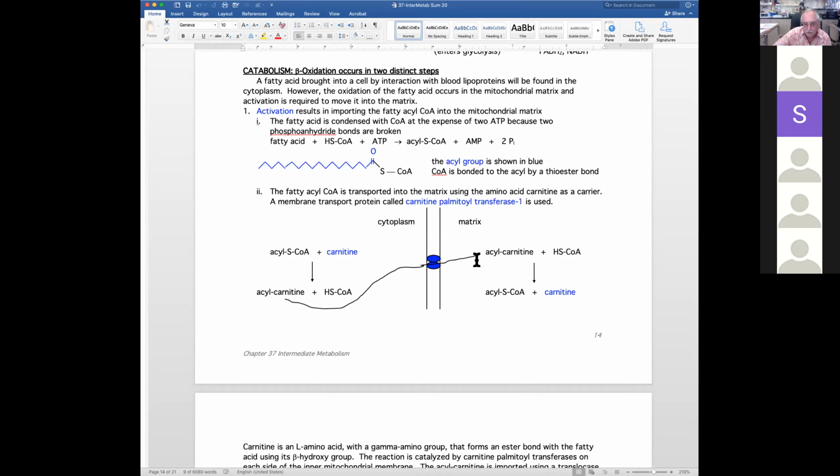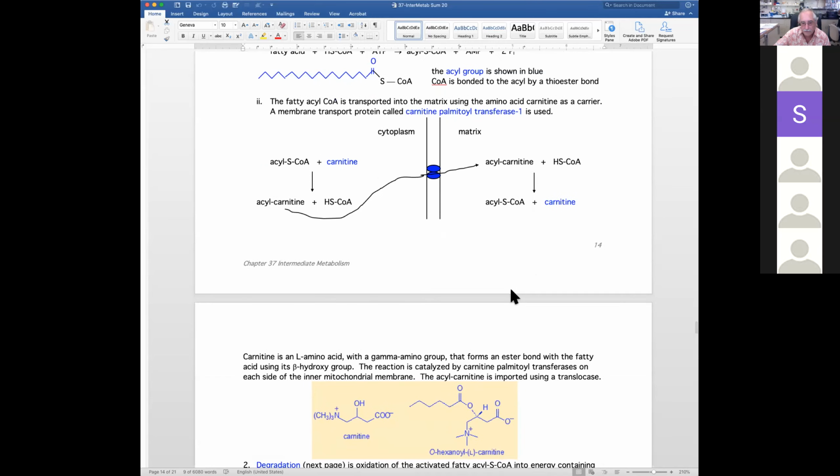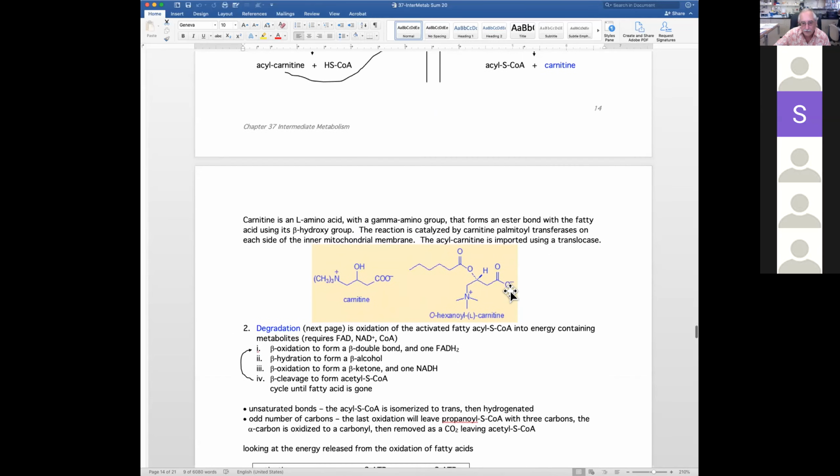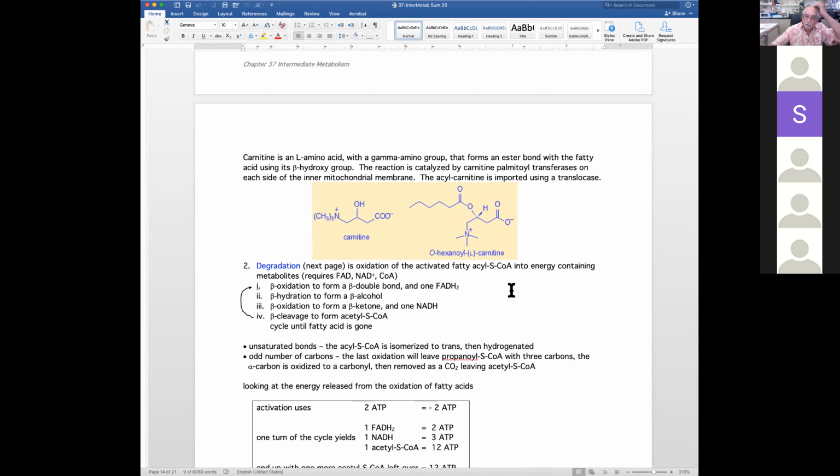But the carnitine is then removed, so the pool of coenzyme A is used to knock off the carnitine, and the carnitine can just go back over here again. What's a transporting system? Without carnitine, you don't have this process.